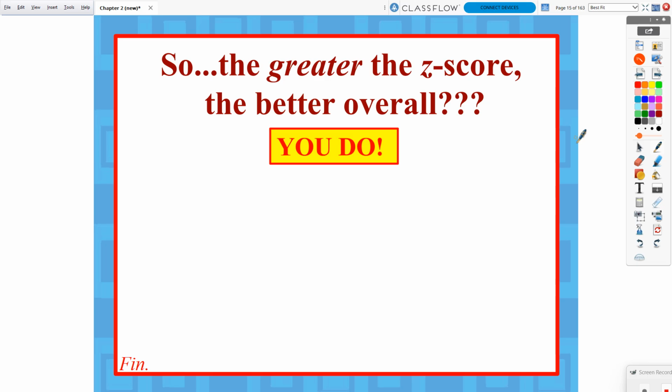Is bigger always better in terms of z-score? I'll give you a hint. Think about certain types of sports or different types of data that you could collect where maybe bigger isn't always better. Maybe you want a smaller number that would indicate quote unquote better. So think about that problem, and we will discuss it the next day in class.